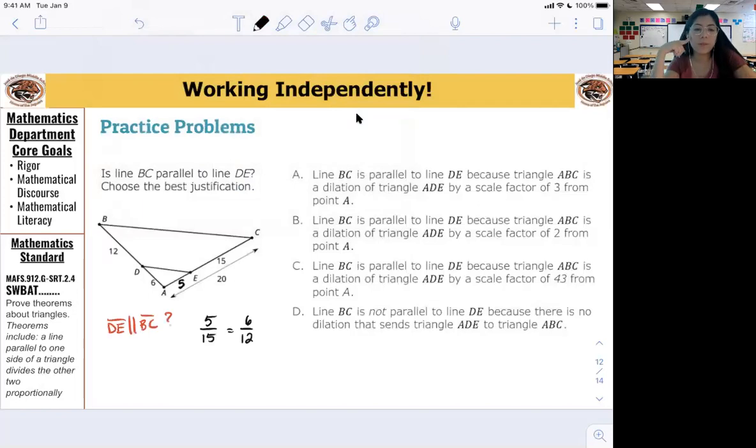Okay, 5 over 15 equals 6 over 12. 5 over 15, what do I simplify that as? 1/3. How about 6 over 12? 1/2. Uh-oh. Do they match?